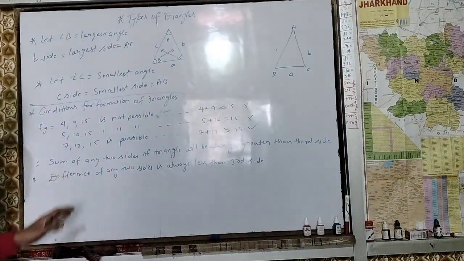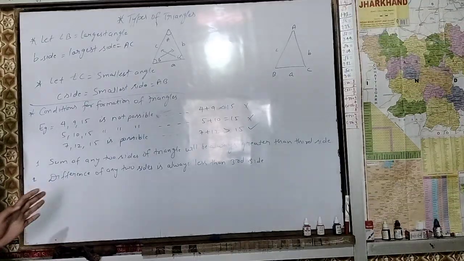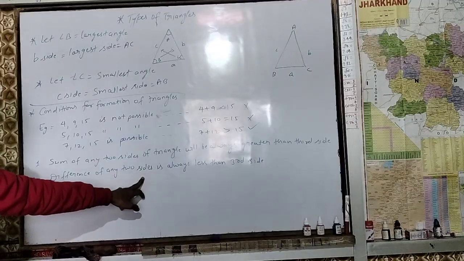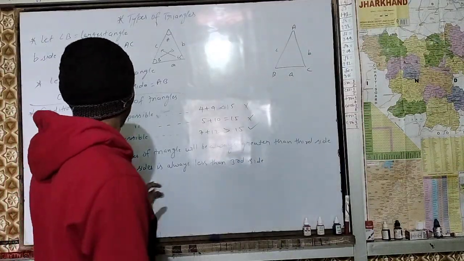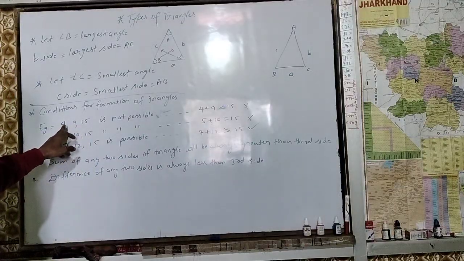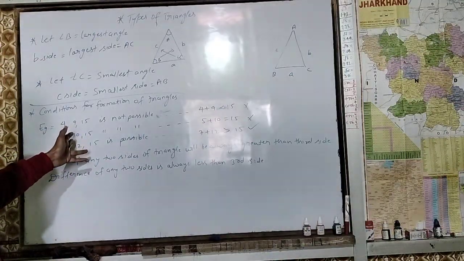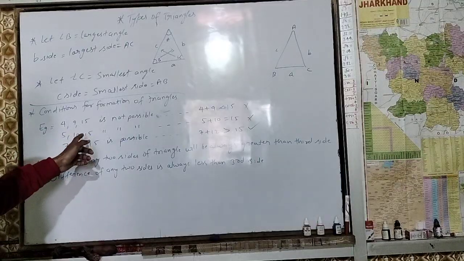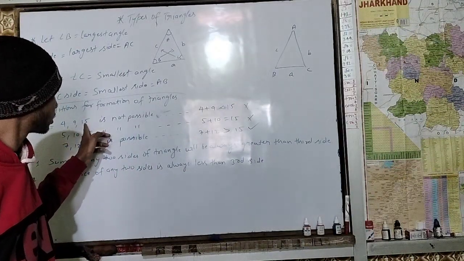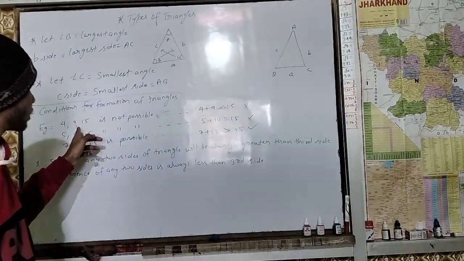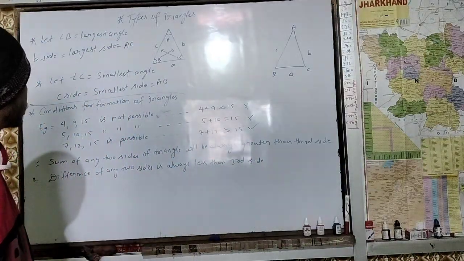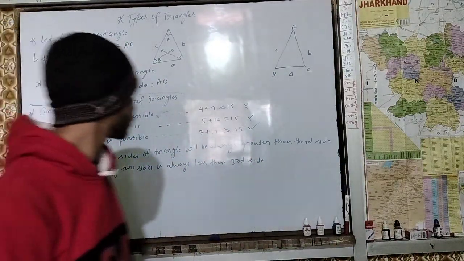In the first condition we were adding, in the second condition we are subtracting. For example, 9 minus 4 will be 5. This should be less than the third side. The third side is greater.